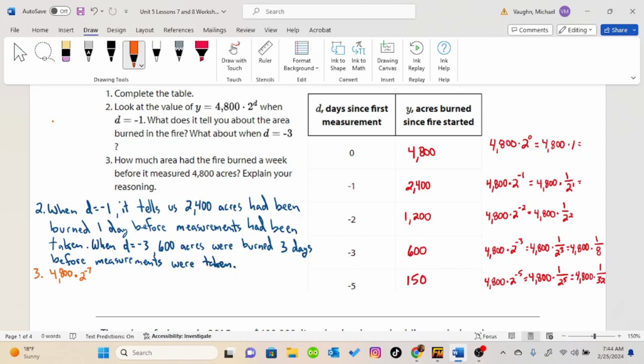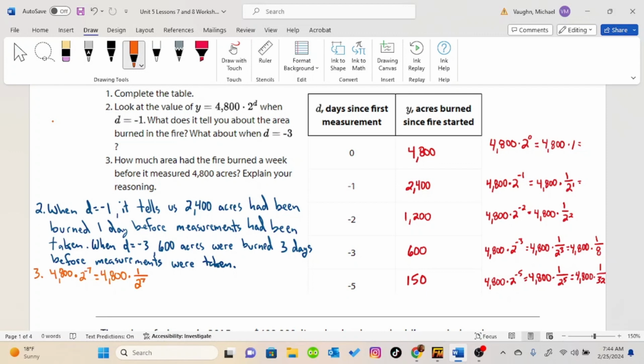So if we want a week before, then we want -7 to be our number of days. This becomes 4,800 times 1 over 2 to the power of 7.